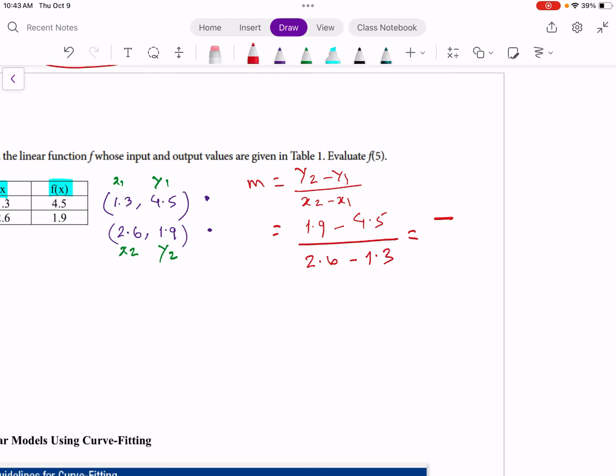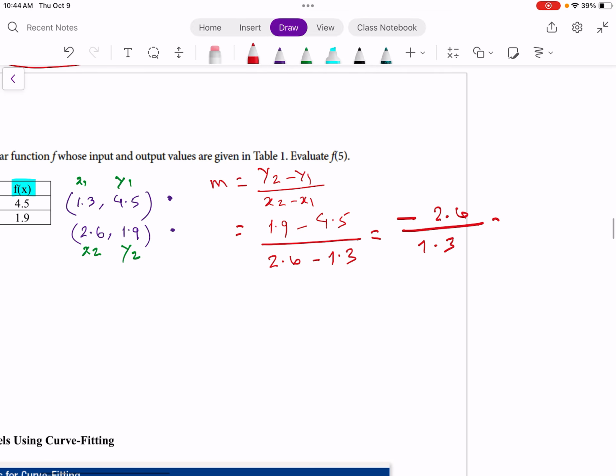It's negative 2.6. Okay, thank you. Next, we have 2.6 minus 1.3, that is 1.3. Okay, so negative 2.6 divided by 1.3 should be negative 2. Our slope is negative 2.